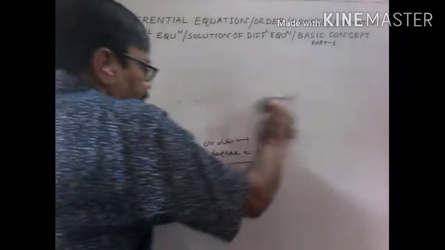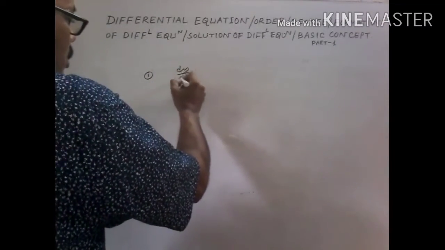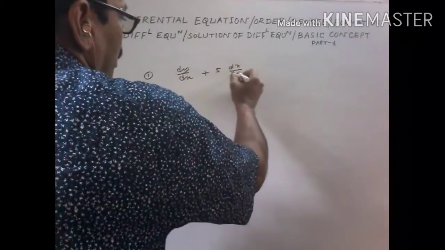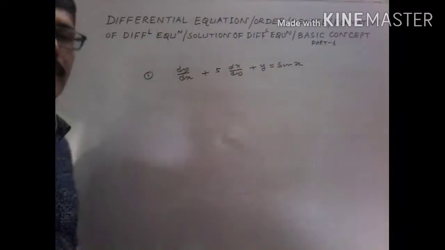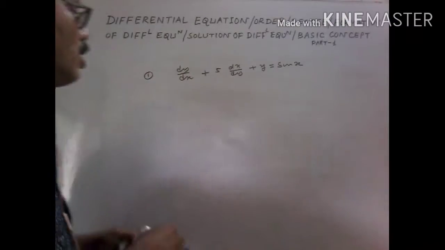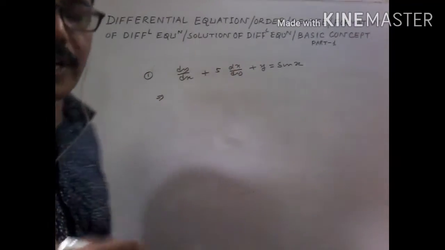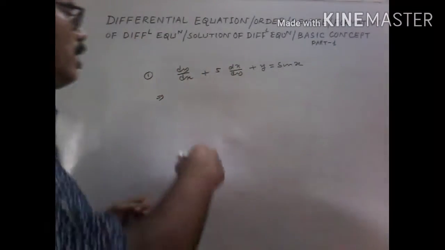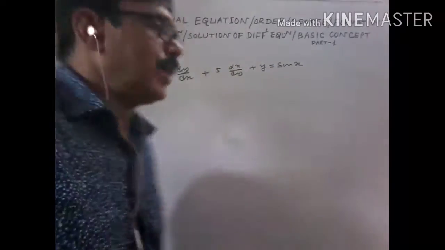Next slide. One more typical problem: dy by dx plus 5 into dx by dy plus y equals sin x. Now what is the order? Look, we have to express derivatives with respect to the dependent variable. If it is not given, we suppose y is the dependent variable.